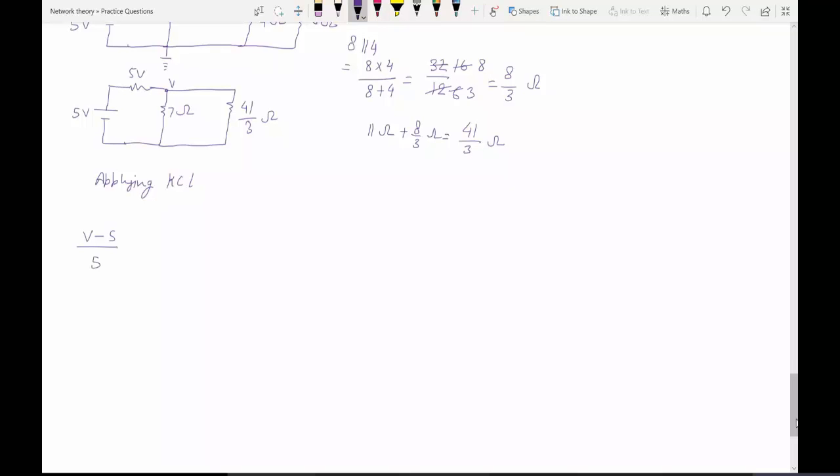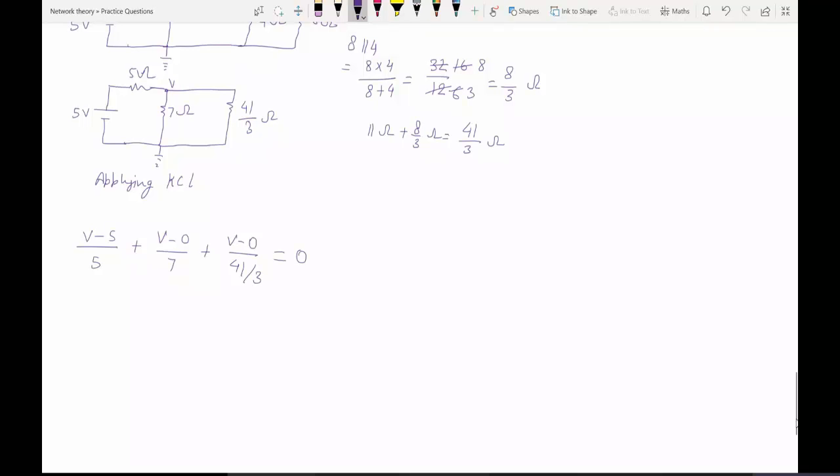Sorry, it is not volt, it is ohm. Okay. So V minus 5 upon 5 ohm. So plus V minus 0 upon 7. Correct? V minus 0. This is the ground. Plus V minus 0 upon 41 upon 3 is equals to 0.